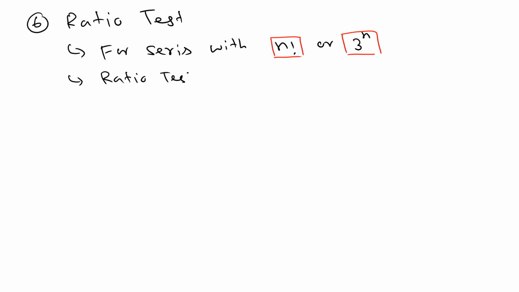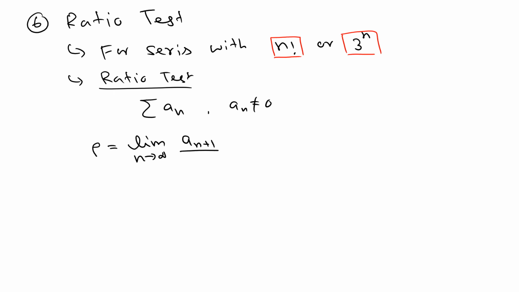So let's look at the ratio test. Let's say you have the sum of an, and we assume those terms are not equal to 0 because we take the ratio. We define a ratio, which I'm going to call rho. It's the limit as n goes to infinity of the absolute value of an plus 1 divided by an. We take the absolute value and divide two consecutive terms, the later one on top.